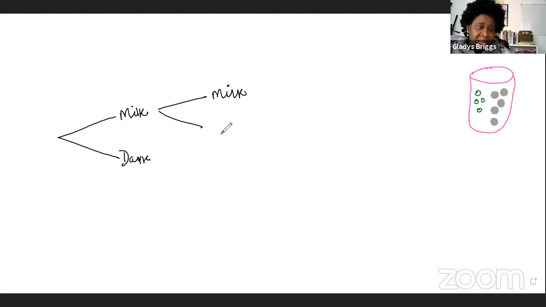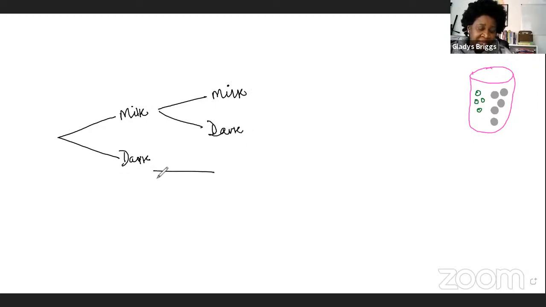So we have to start the branches, yeah? We have a total of 30 chocolates. The first one is milk chocolates and dark chocolates. Then we have a second row of milk chocolates and dark chocolates.